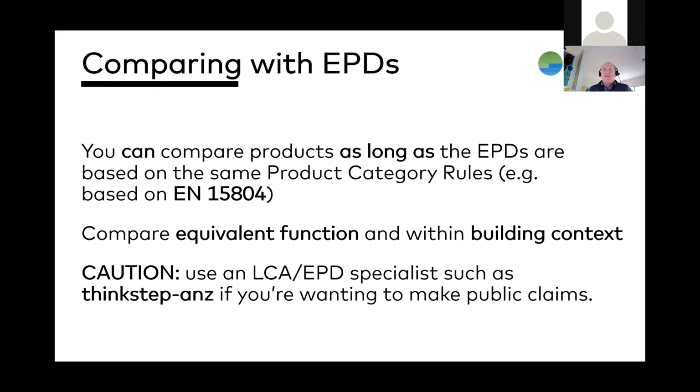Come and see us if you want to make some public claims, because there's a process that you should really follow so you don't fall foul of ACCC or fair trading rules. We have done carbon calculators for companies in New Zealand, for example, Naylor Taylor, for carbon calculators, that compare timber with other products.